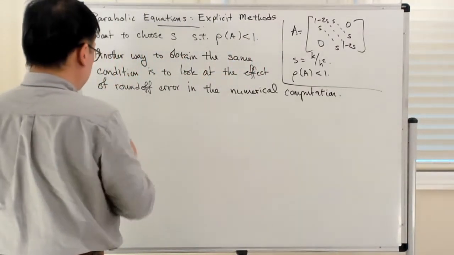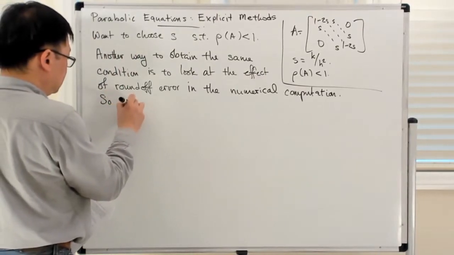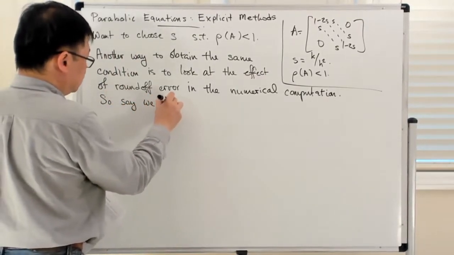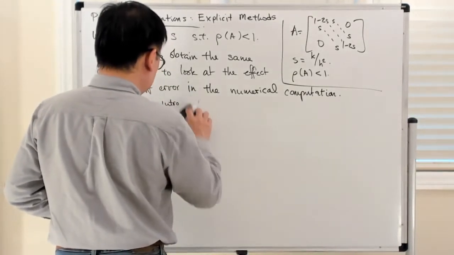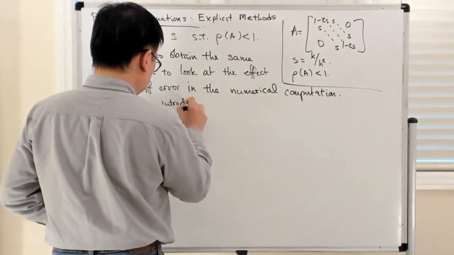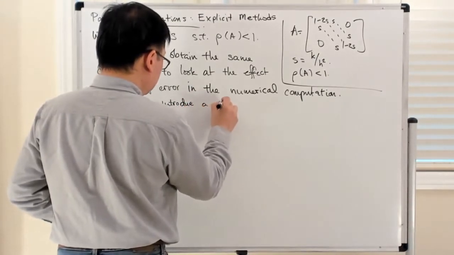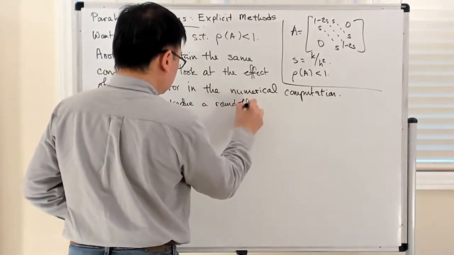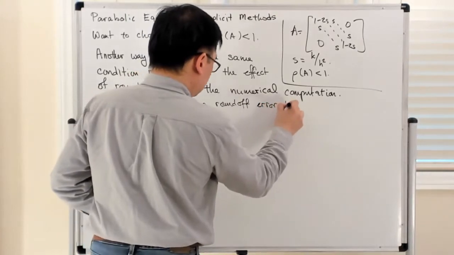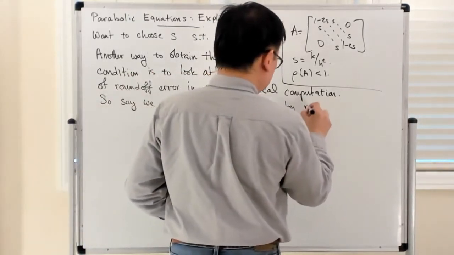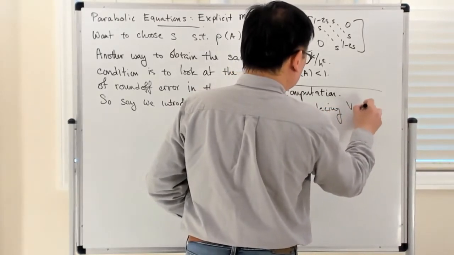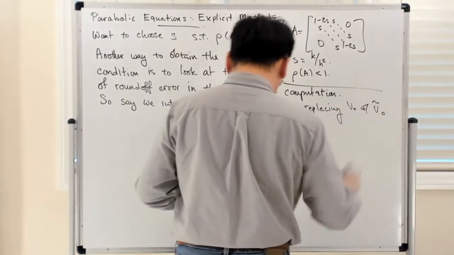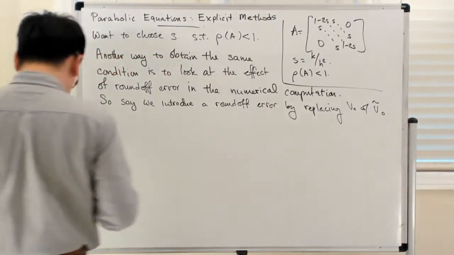Okay, so say we introduce sort of round-off error by replacing v0 with v0 tilde.